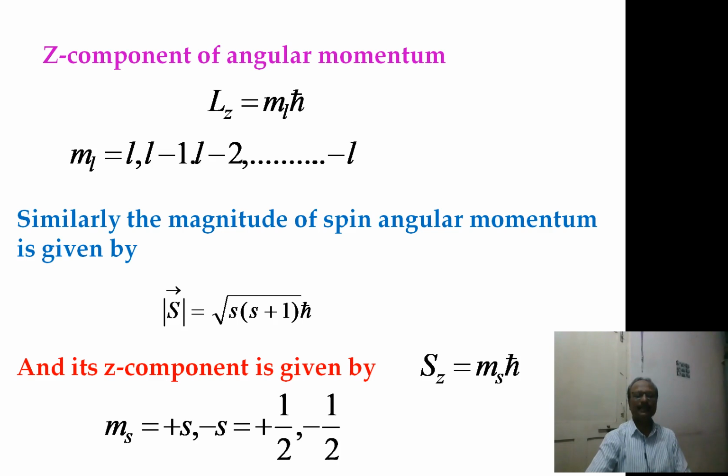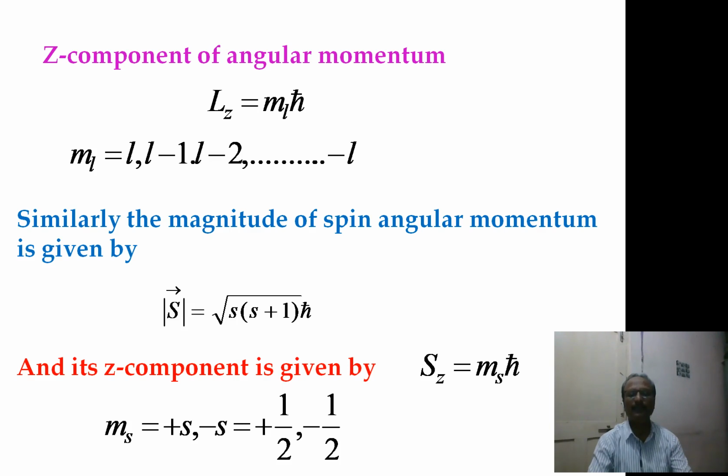So ms can take the values plus s or minus s, that is plus half or minus half. In all, the magnetic spin quantum number has only two values depending upon the motion of the electron, clockwise or anti-clockwise.